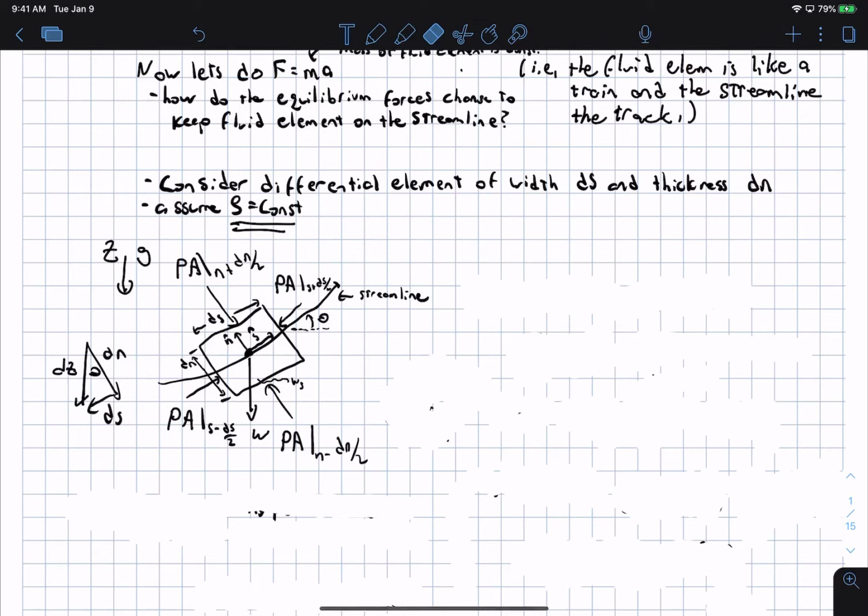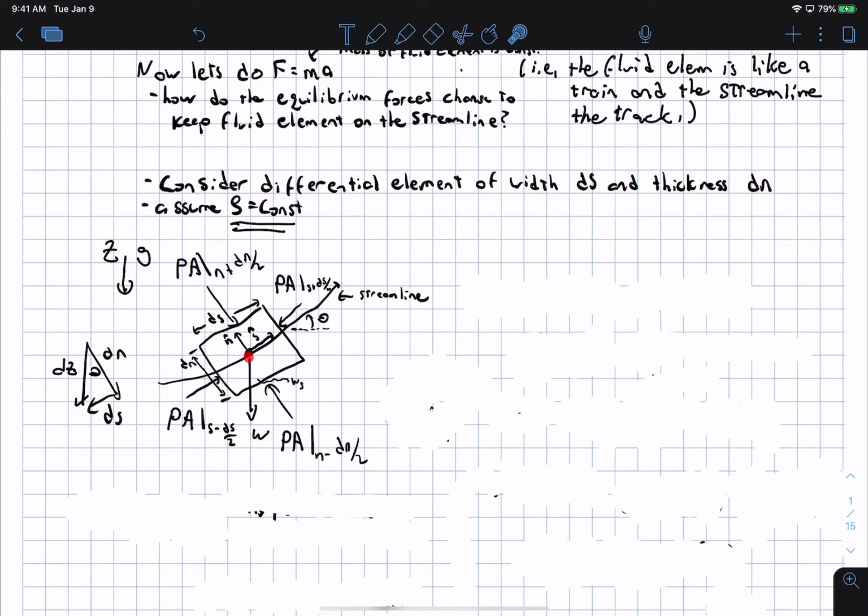And so here is the free body diagram. It's kind of a mess, but our fluid element is right here. Note that above we argued that there are only pressure forces and weight acting on it, and we're assuming that g is going down, and we're defining z to be in the direction of g. So you can think of z as an elevation.